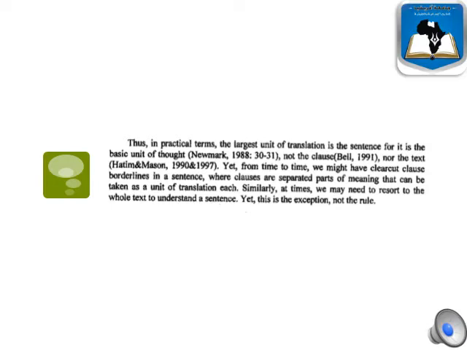Sometimes we need to go back again and again and read the text so we can get the whole meaning, and that's what is recommended before proceeding to translate. We deal with it as a unit, not word for word or clause by clause, etc. And of course, practice makes perfect.